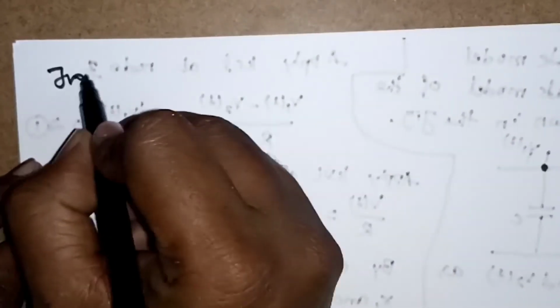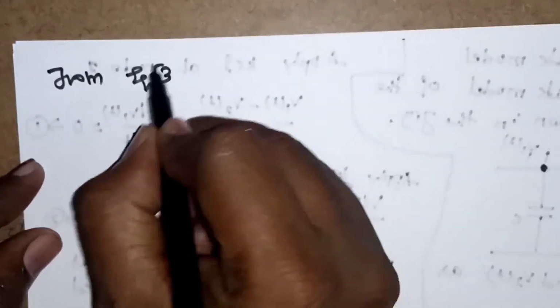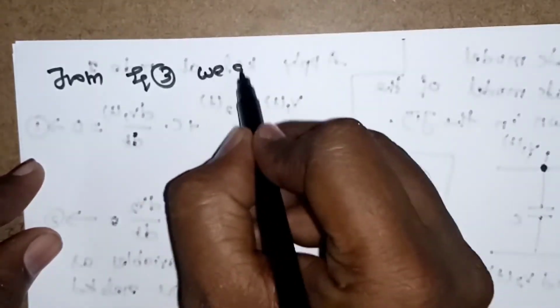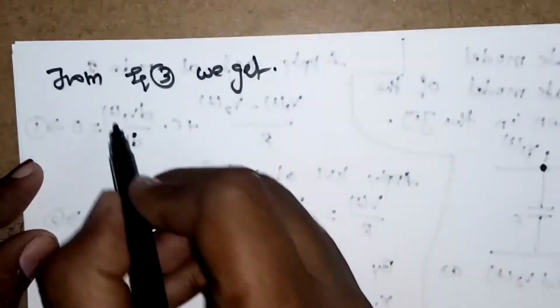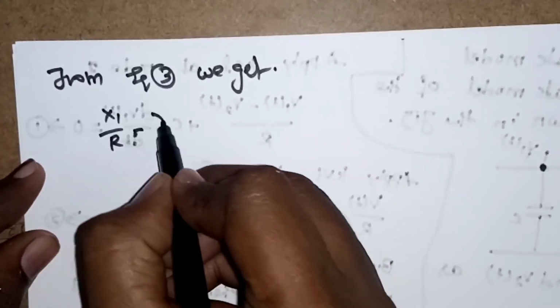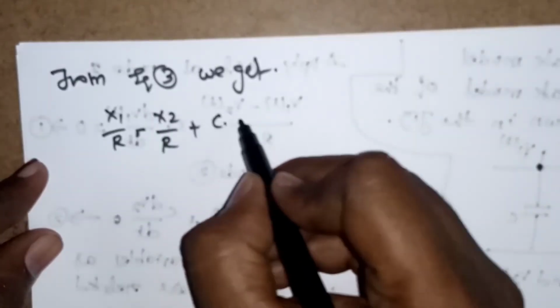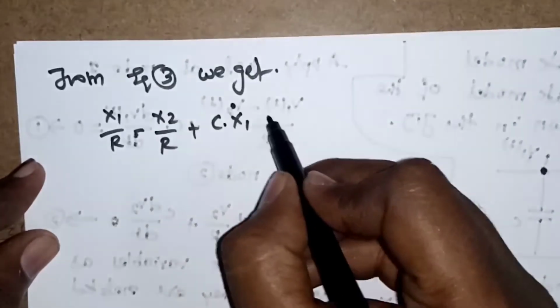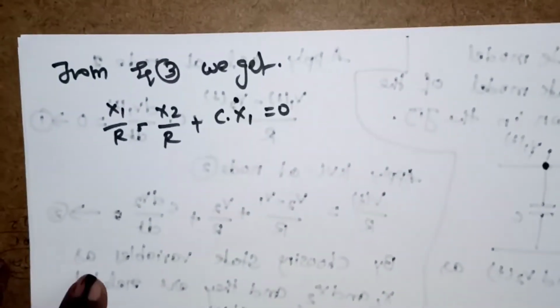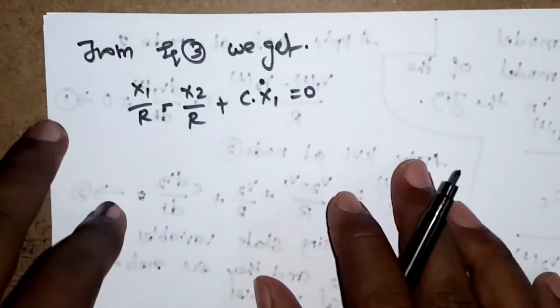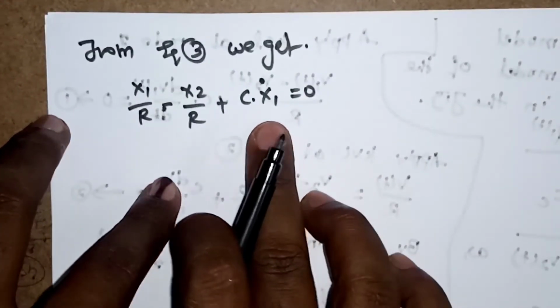From equation 3 we get x1 by R minus x2 by R plus C into x1 dot is equals to 0. From this equation we are going to find out x1 dot.